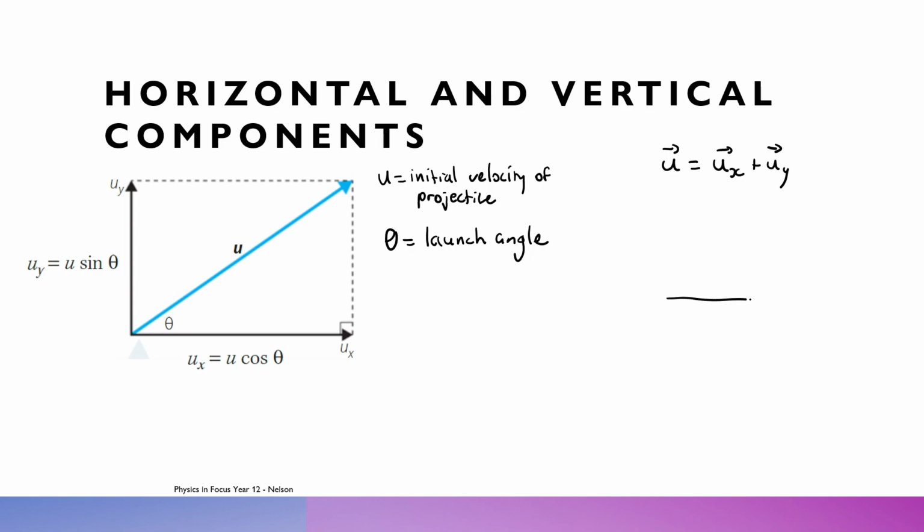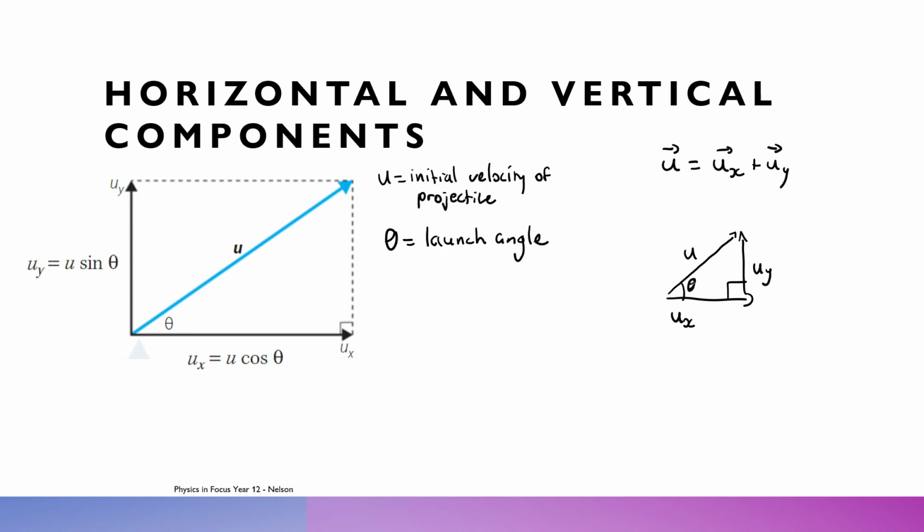In other words, a head to tail method to add up the ux vector and the uy vector. The resultant here, which is u, is going to be the vector that connects these two together. Now, because the x and y vectors are perpendicular to each other, we have in fact constructed a right-angled triangle where theta, the angle between u and ux, is the launch angle.